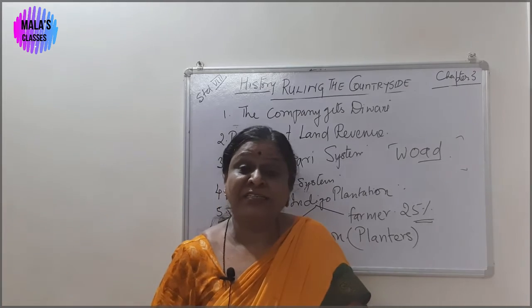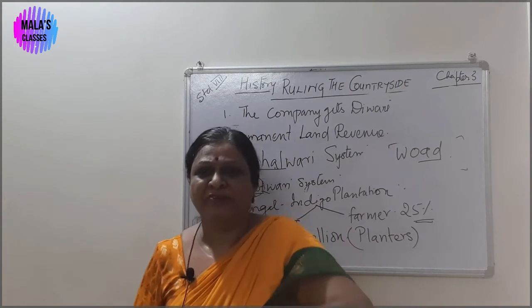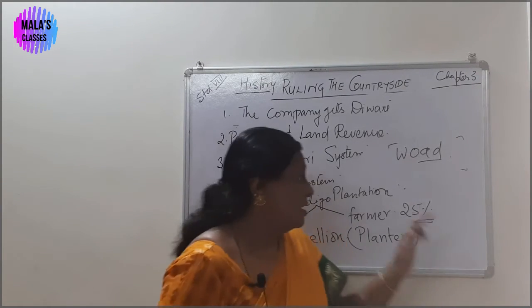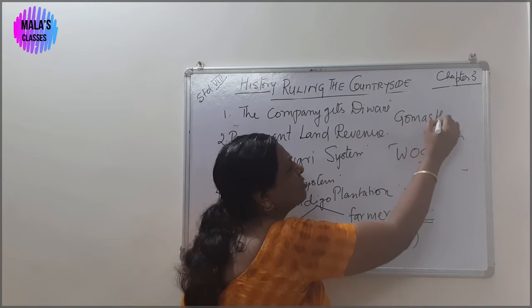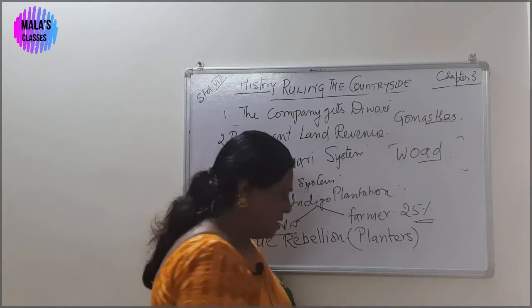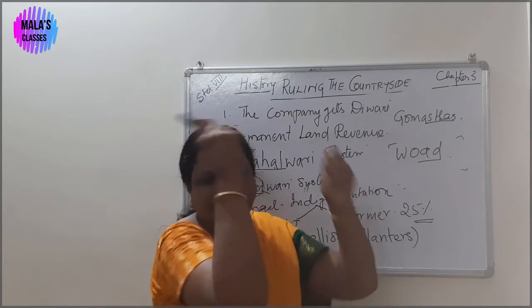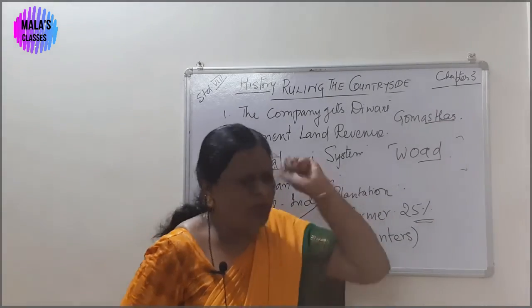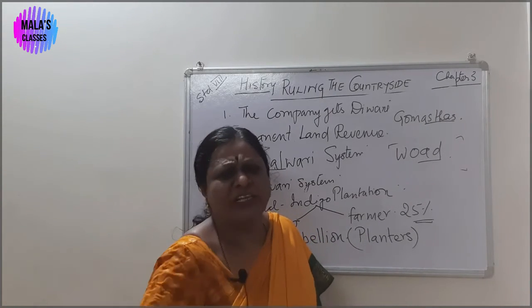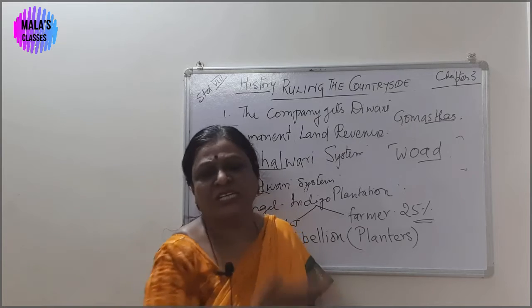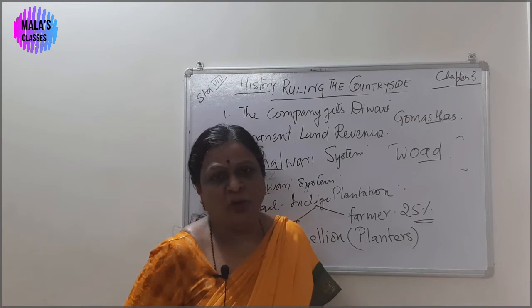These planters had certain special men who used to come and collect money or the indigo from them. Those people were called gomastas. Okay, it's only a term which is used for them. These gomastas were also beaten. Tu paisa lene aaya hai, bhagao. And with pots and pans and spoons and whatever they could get, they pushed these fellows out of Bengal.